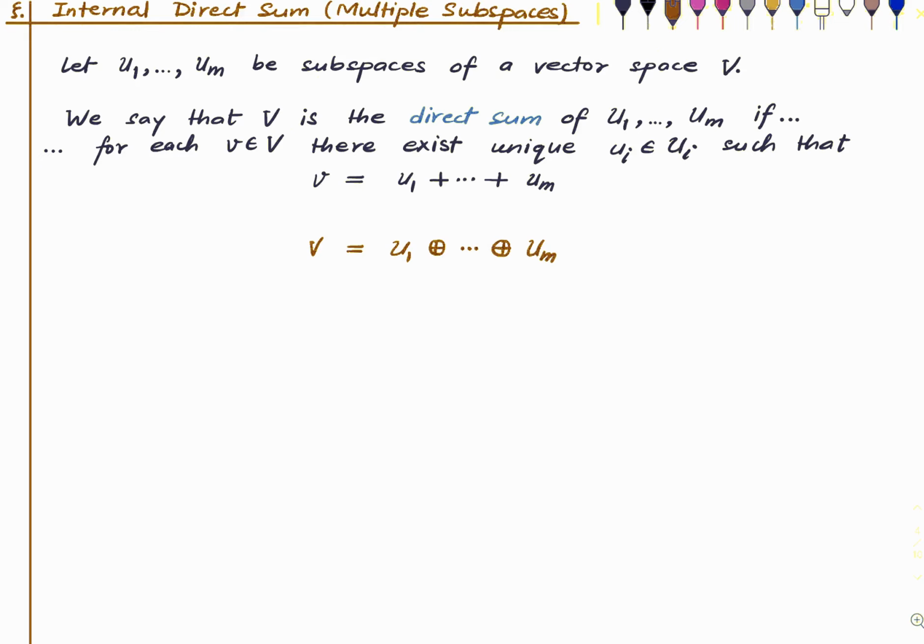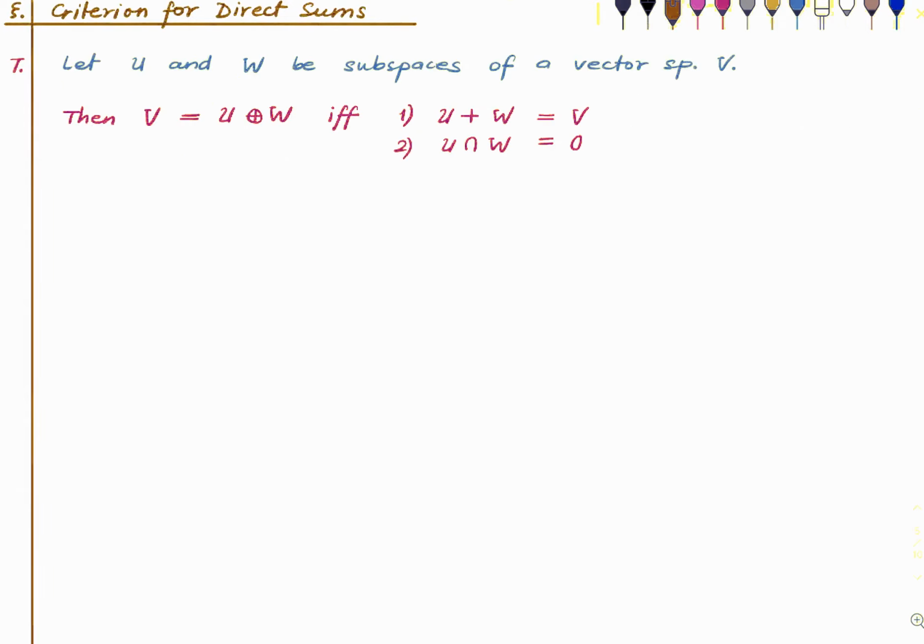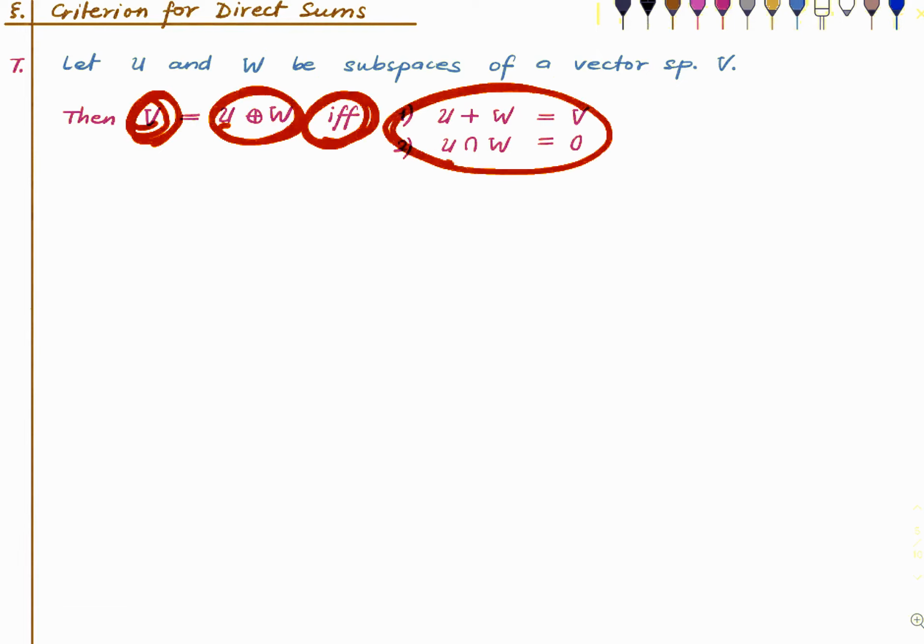Again, before looking at examples, we just need to get one thing out of the way. This is a criterion to decide if a vector space is the direct sum of two given subspaces. So suppose U and W are subspaces of a vector space V. Again, this is assumed to be finite dimensional over some base field F. Then V is the direct sum of U and W if and only if these two conditions are met.